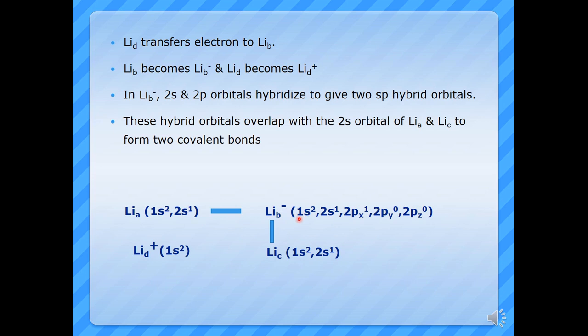One of these sp hybrid orbitals will overlap with the half-filled 2s orbital of the Lia atom. The other sp hybrid orbital will overlap with the 2s orbital of the Lic atom. So in short, all these 4 lithium atoms will be bonded to each other.